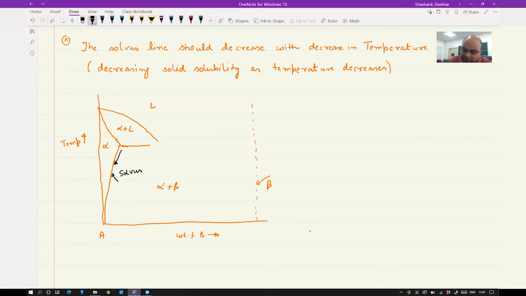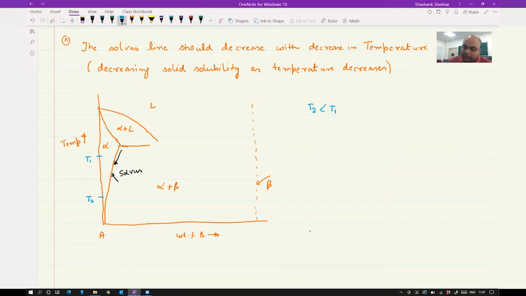Suppose I take a temperature T1 here, and then T2 here. So T2 is less than T1, and the solid solubility of B at a temperature of T2 is less than the solid solubility of B at a temperature of T1. That is what it means.